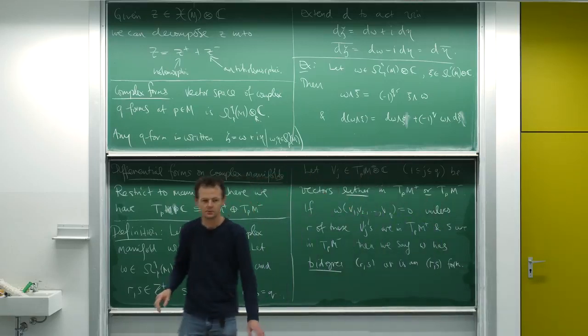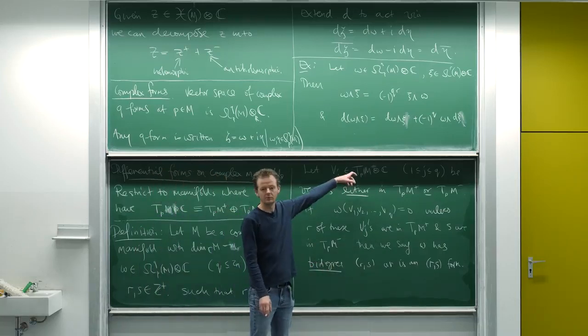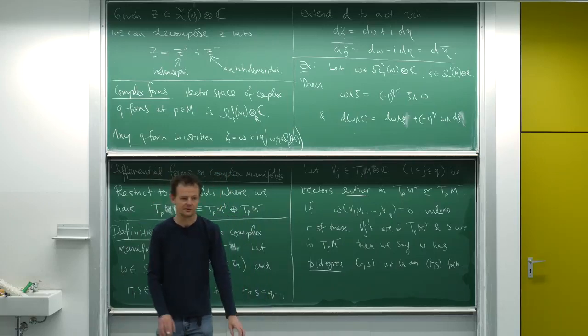So obviously, a Q form with bi-degree R comma S is a complex Q form, but not the other way around, right? We've isolated subspaces of this vector space.